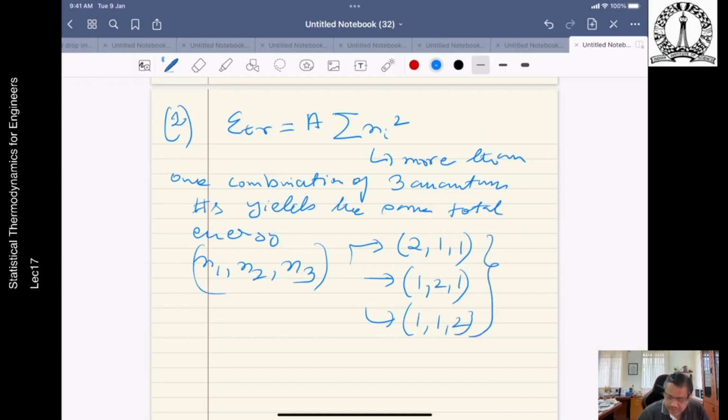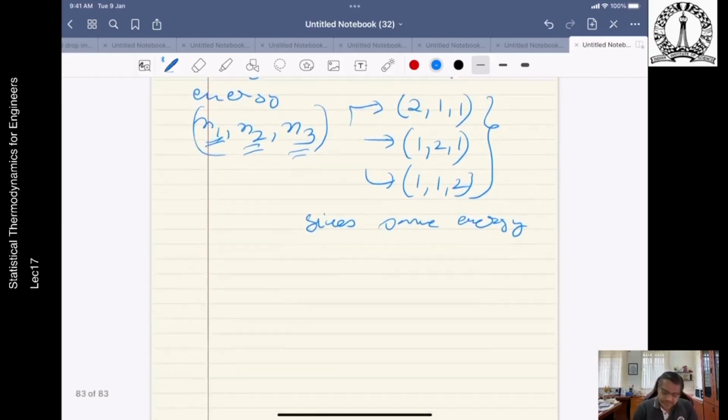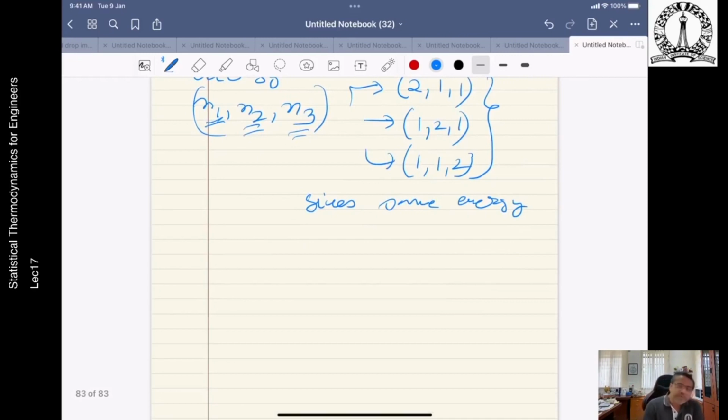These 3 give you the same energy, but the individual quantum numbers are different. So you guessed it right, this is some kind of a degeneracy of the system.